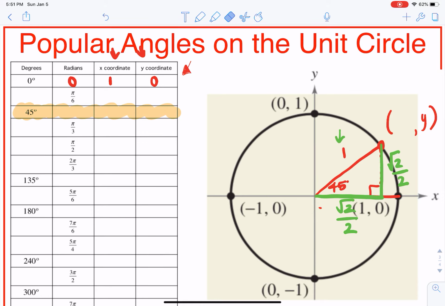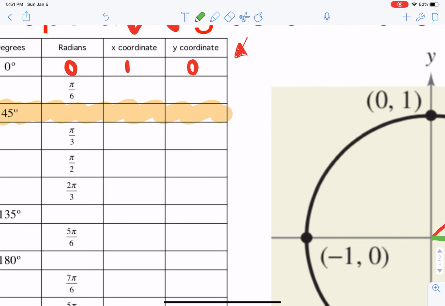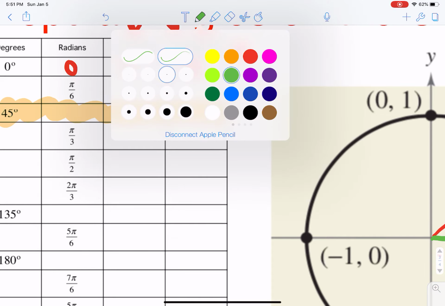So taking a look over here, for my x-coordinate, I go over from this point right here. I would go over square root of 2 over 2 and up square root of 2 over 2. Let's go ahead and make my line a little thinner.